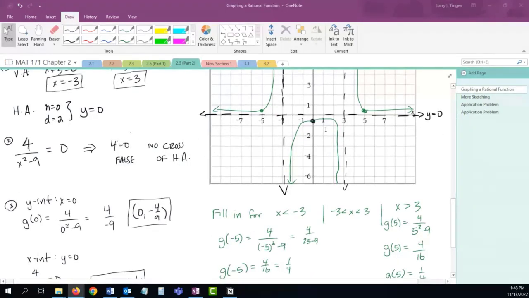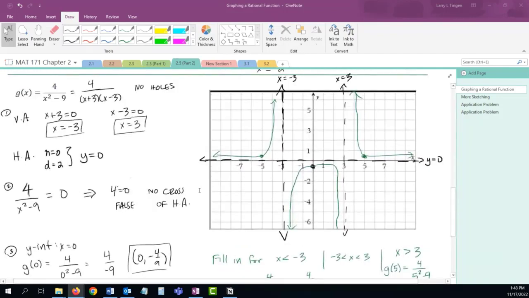I know how to find any place that I cross the horizontal asymptote. I know how to find intercepts. And then I know how to find points when I don't have enough information to finish my drawing. Okay. And again, that obviously is not a function because it doesn't pass the vertical line test, but that's just the idea of the sketch here.